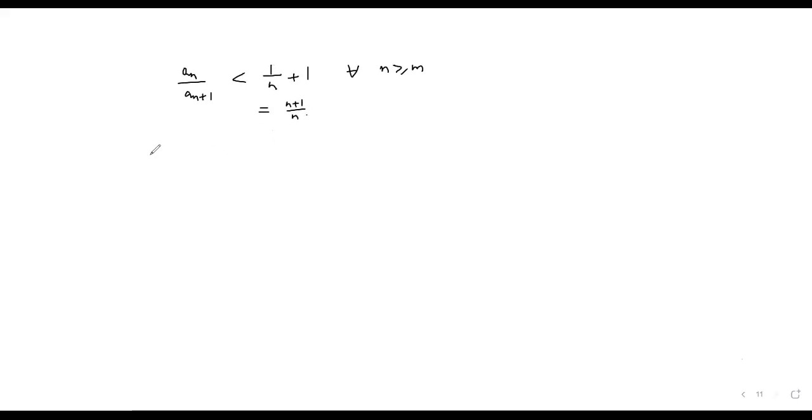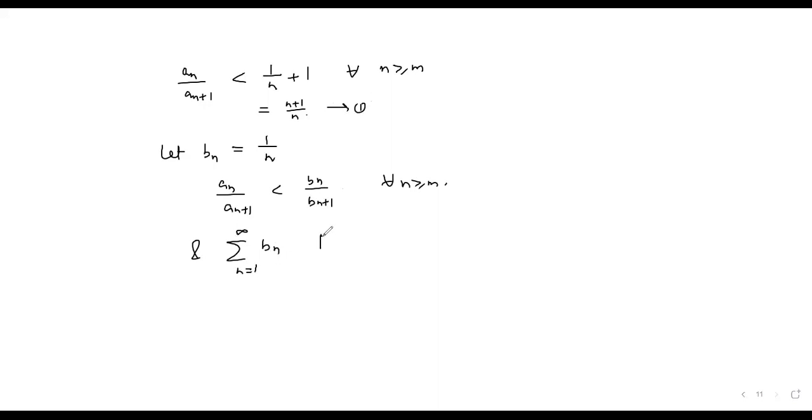Now if I compare the series with Bn, now let Bn equal to 1 by n, then it's clear that an by an plus 1 is less than bn by bn plus 1, वही तो है, for all n greater than equal to m, and summation bn n runs from 1 to infinity diverges.